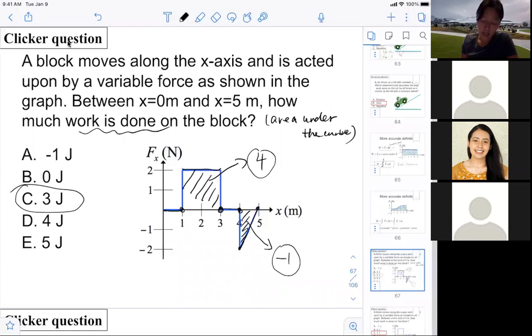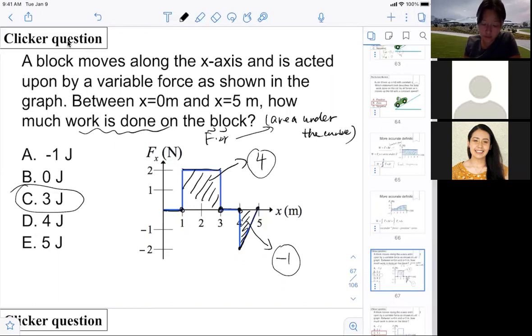Good question. In this case, we simply change from F dot delta R into the area under the curve. So we don't really care what delta R is, but if you wanted to look at it, this particle or block travels from 1 meter to 3 meters.